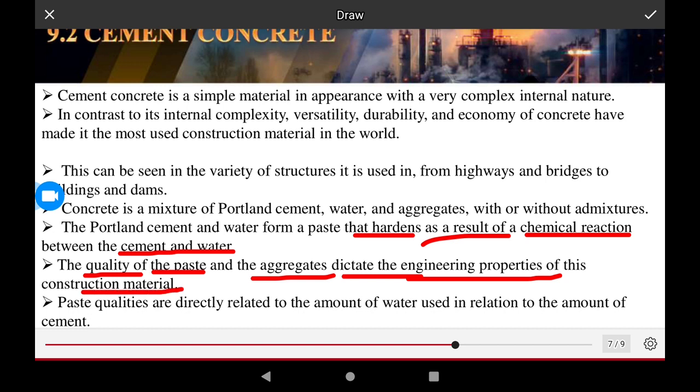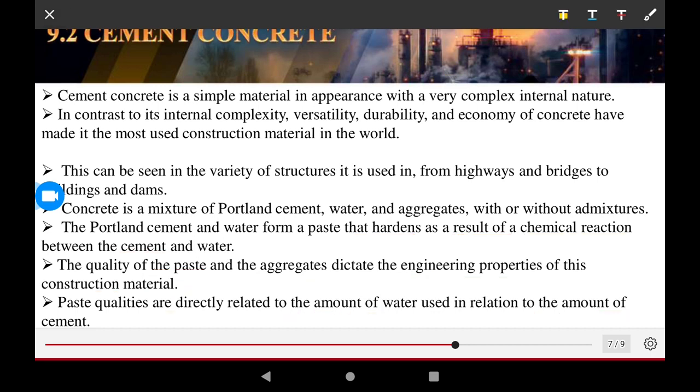The plastic quality is directly related to the amount of water used in relation to the amount of cement. Concrete is a combination of homogeneous and non-homogeneous materials, cement and water, and is used in structures, highways, buildings and dams.